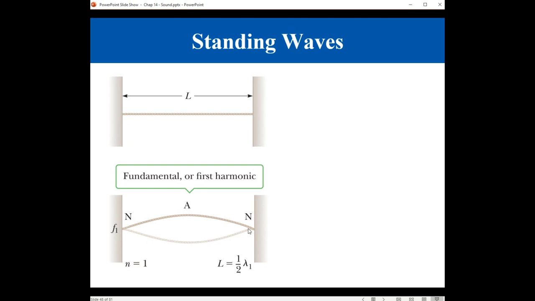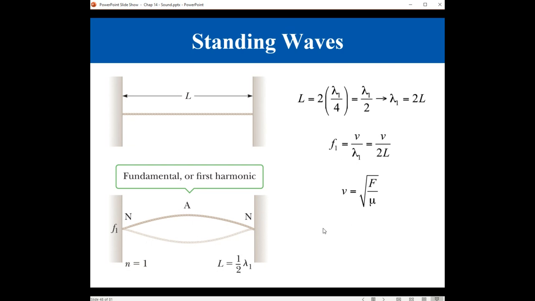So in this situation, lambda is equal to 2L. If lambda is equal to 2L, frequency is equal to velocity divided by lambda, so it is velocity divided by 2L. This is the fundamental frequency for the string in this situation.